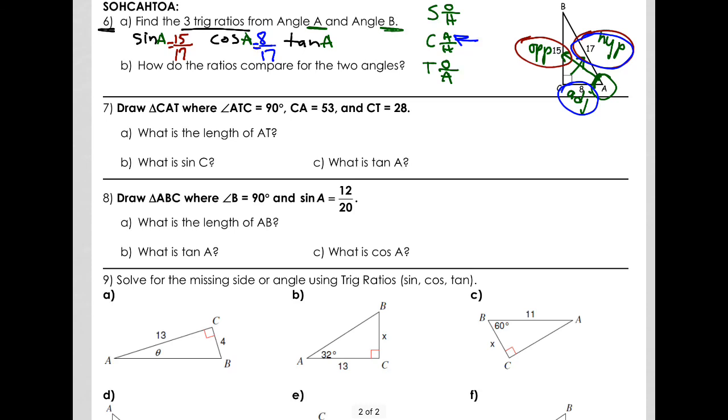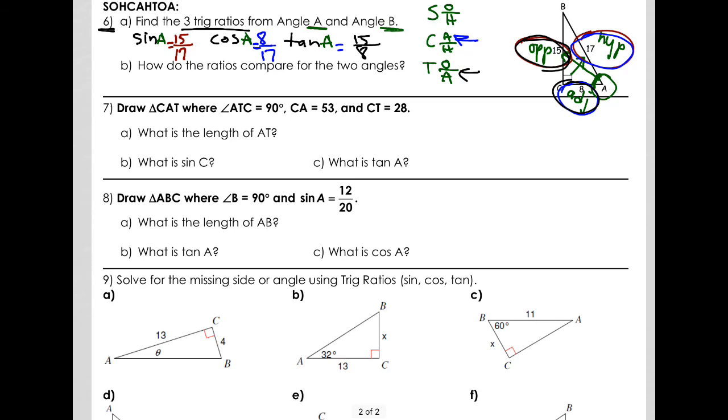And then the tangent of A, I'll use black. The tangent, remember, is opposite over adjacent, so opposite is 15, adjacent is 8, and that does not simplify either, so those are all the final answers for those 3.